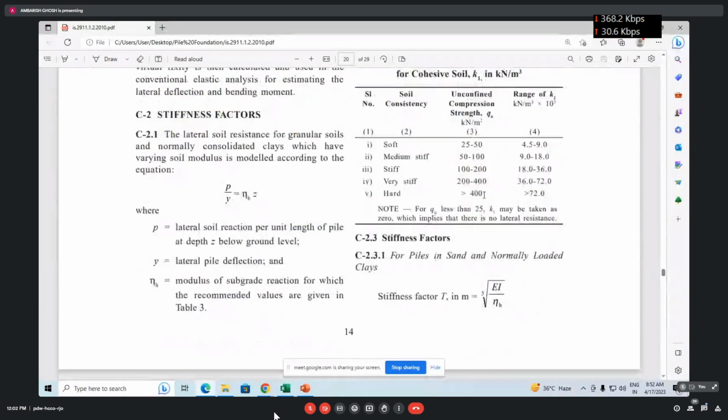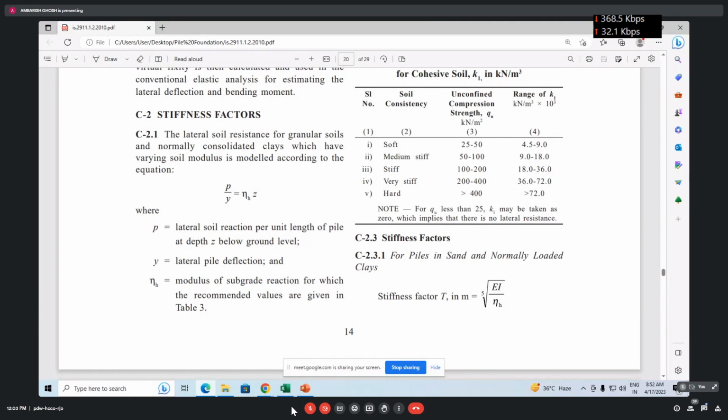Then you come to the next table, Table 4. This is given for cohesive soil. You can see here, it is based on unconfined compressive strength. Say for example, one soft clay is there, and you are having cohesion, say 25 kilopascal. So what is qu then? If c is 25 kilopascal, then what will be qu? qu equal to twice c, isn't it?